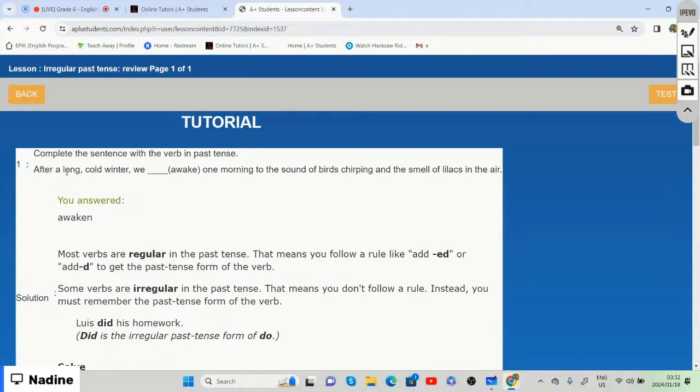For example, after a long, cold winter, we awake. This is now the past tense. We awake one morning to the sound of birds chirping and the smell of lilacs in the air. So after a long, cold winter, do we say we awake, which is in the past tense, one morning to the sound of birds chirping and the smell of lilacs in the air?